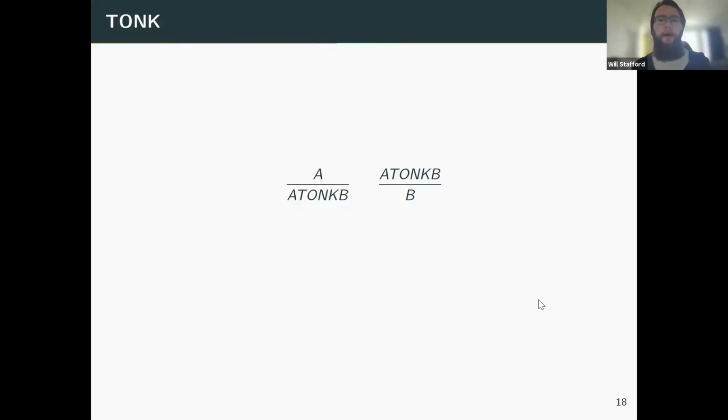Now, it turns out that not all connectives have this property. So I have thrown up here the rules for tonk, and tonk's a pretty nasty connective. It has the introduction rule for or and the elimination rule for and. And because of this, in any system with just one theorem, it's going to prove a contradiction.